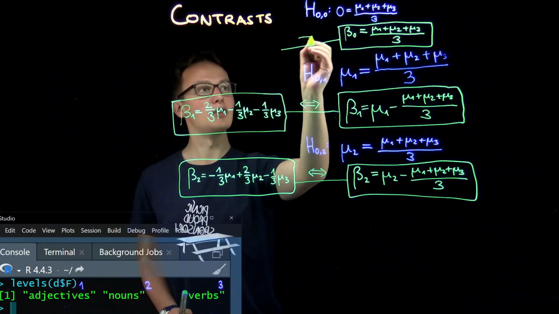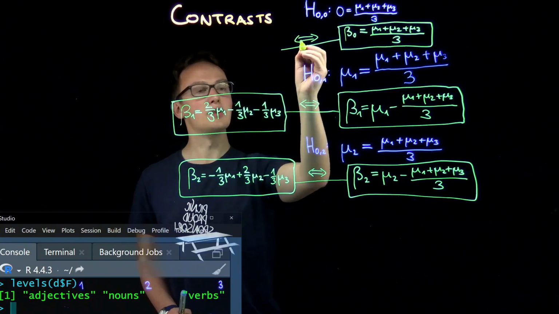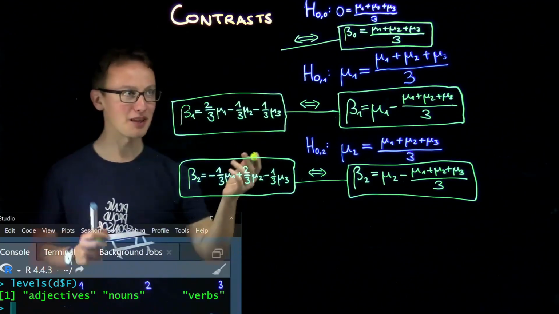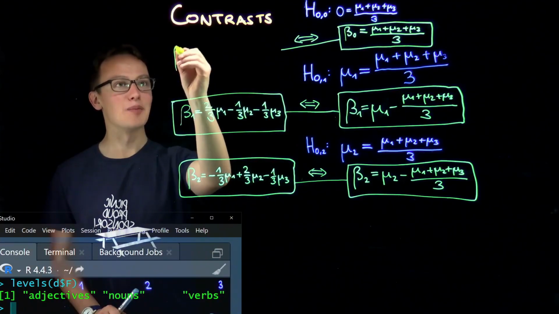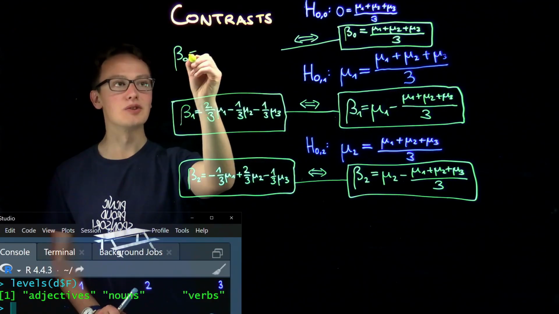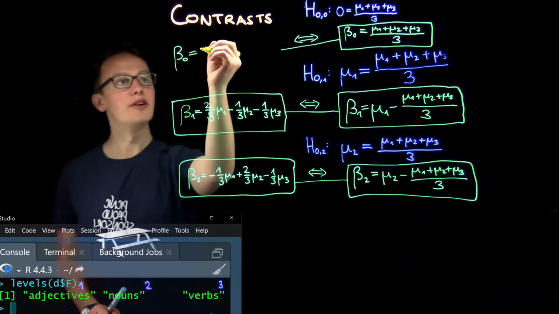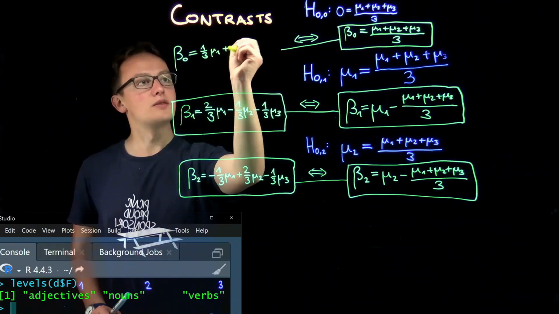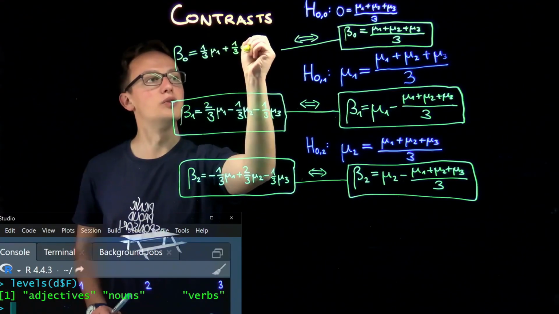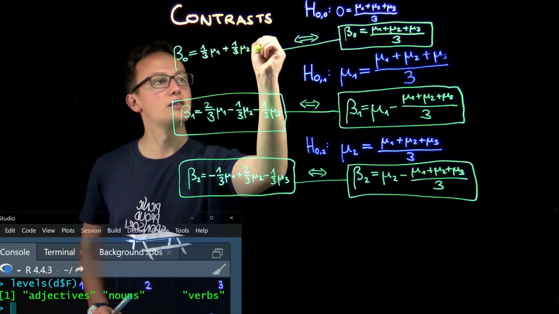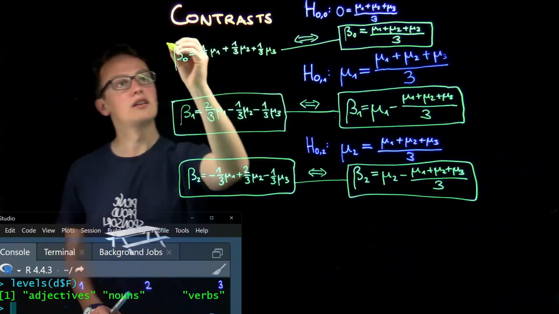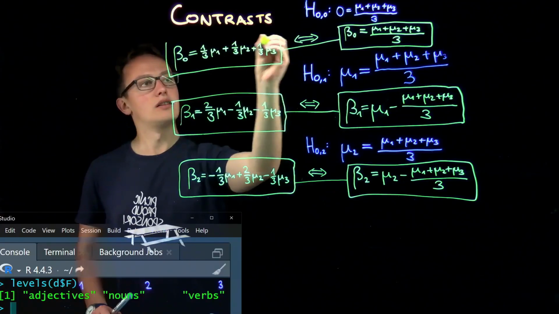And again, this is something that we can also express in this analogous way. So we can rewrite this again as a simple sum of coefficient times mu something. So here we could say beta 0 is equal to, well, what is it? 1/3 of mu1 plus 1/3 of mu2 plus 1/3 of mu3, okay?